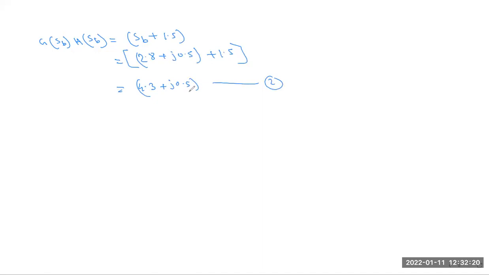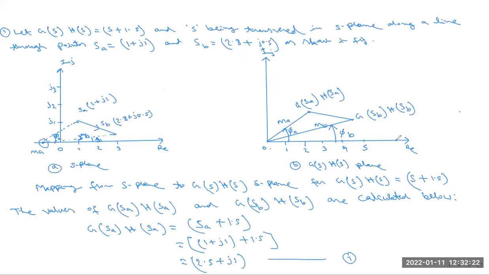Okay. So this 4.3, 0.5, here you can see, this is basically the position of G of SB and H of SB. This is considered as 4.3. Okay. So this value we have to put. One is the S plane, another one is the GSHS plane. Okay, up to this part it is clear, all of you.